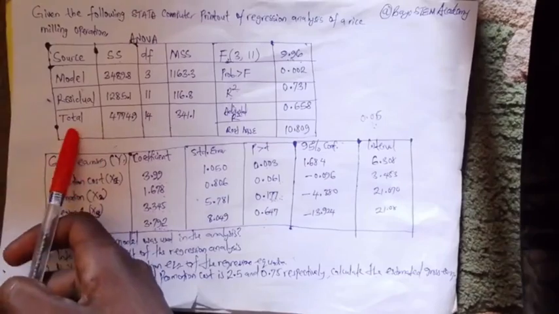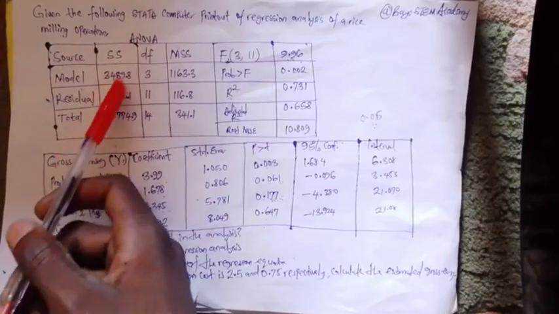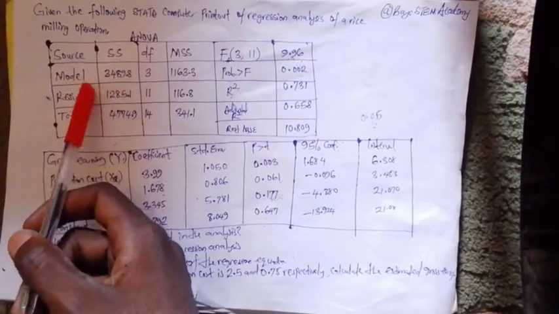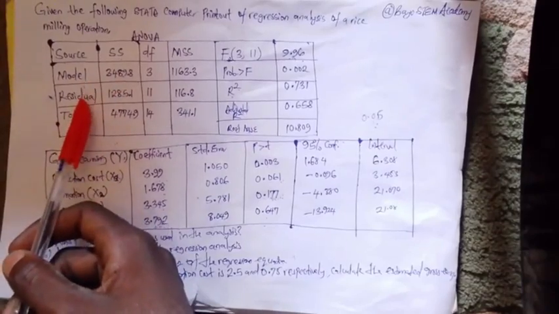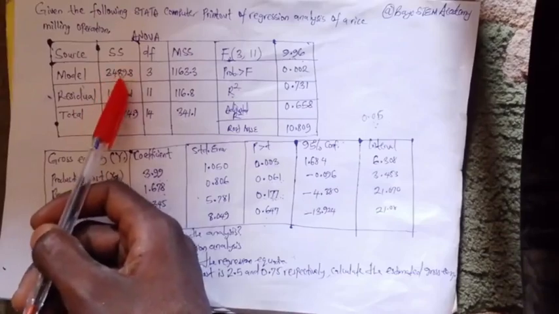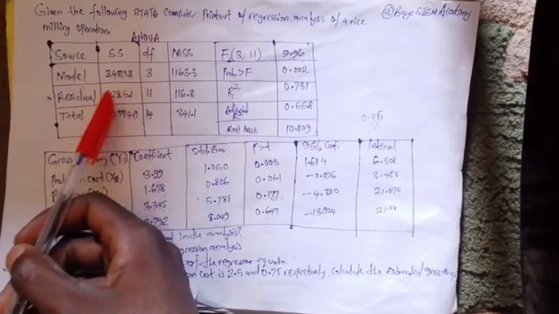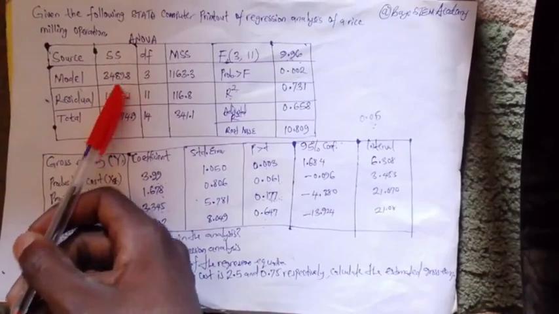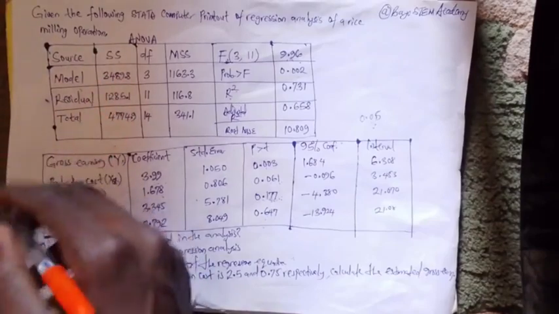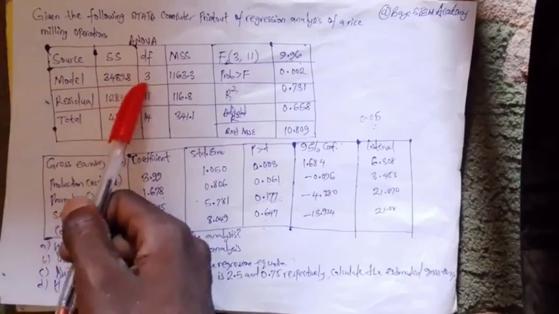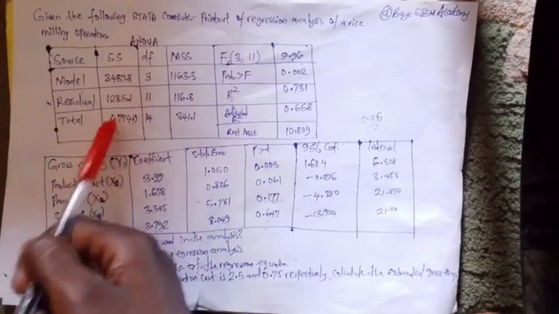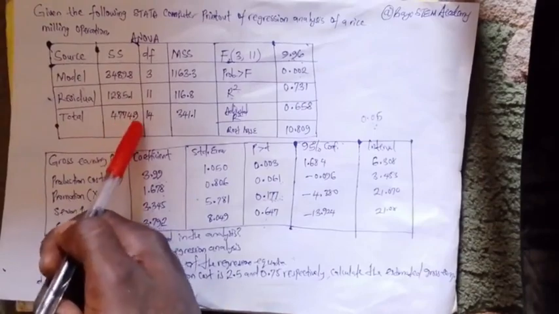The total, if you sum them, model plus residual, that is regression sum of square plus sum of square error. In our previous video, we explained that total sum of square is equal to regression sum of square plus sum of square error. If you sum this, you get 4774.9.